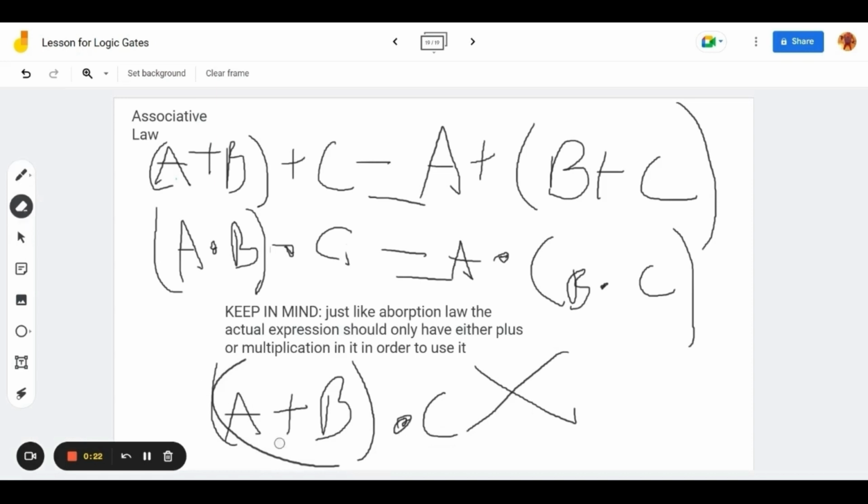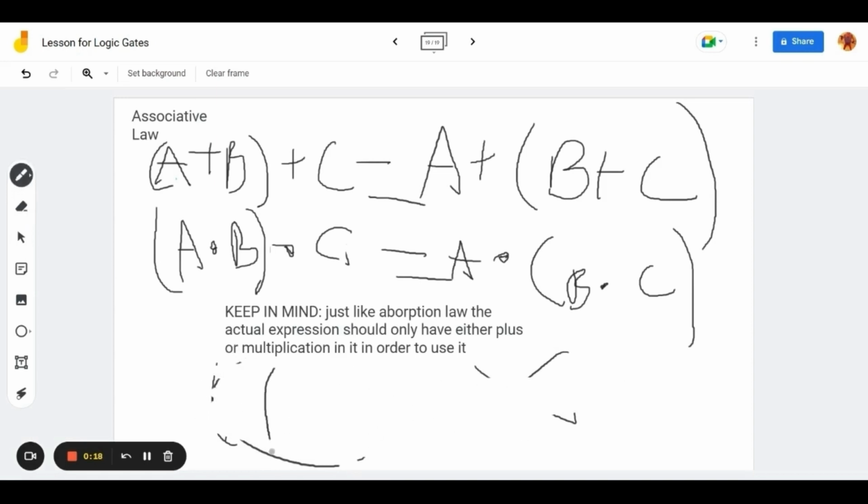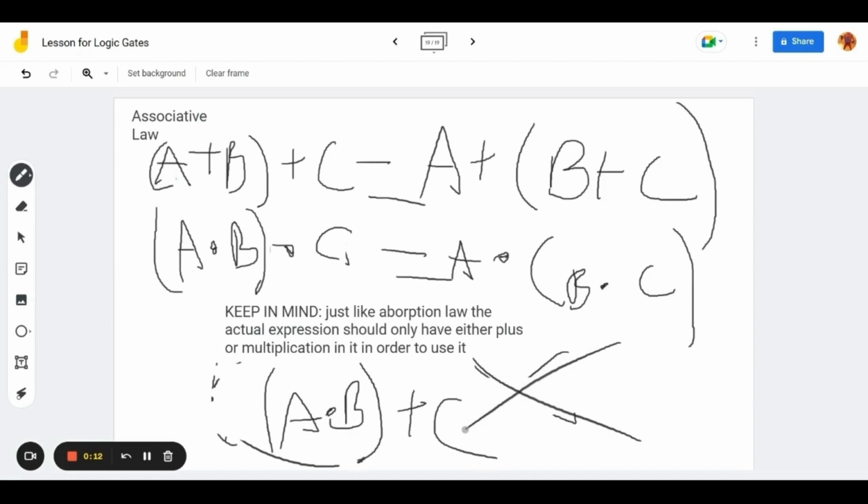Or if it was something like a times b plus c, again, you would not be able to do this. They all need to have the same logic gates. So this needs to be plus and this also needs to be plus. This needs to be multiplication and this also needs to be multiplication. So as you can see, that is the associative law.